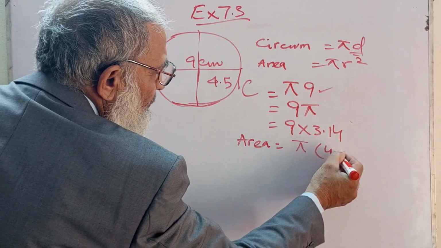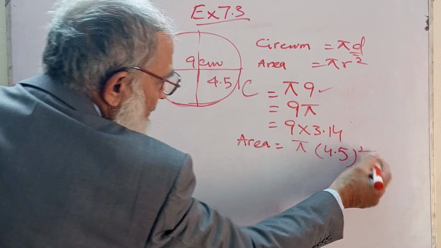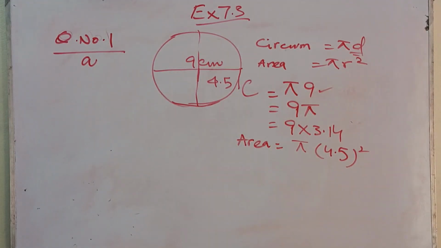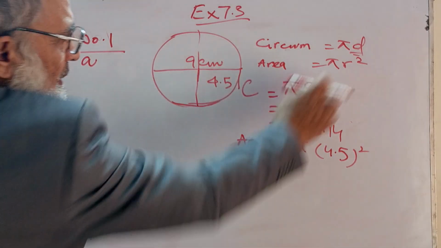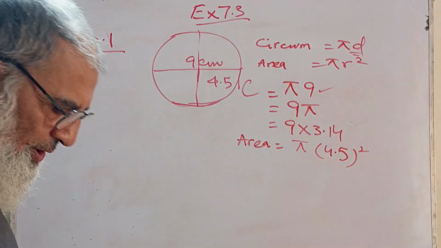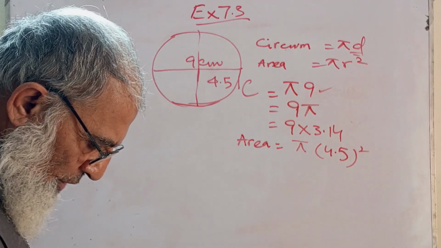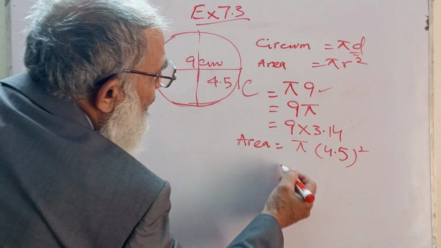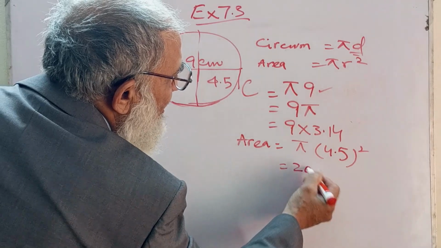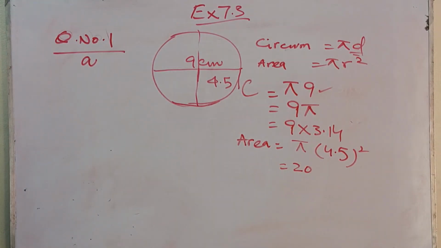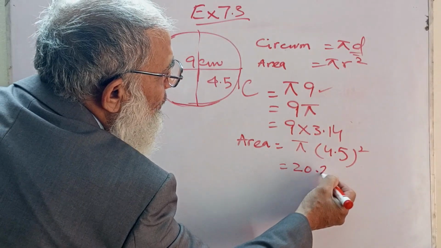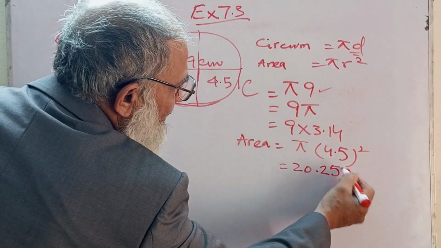Now 4.5 the whole square is your r square. Let me do it on the calculator. 20.25. Similarly, I am going to write it on the left hand side of the pi, that is 20.25 pi.